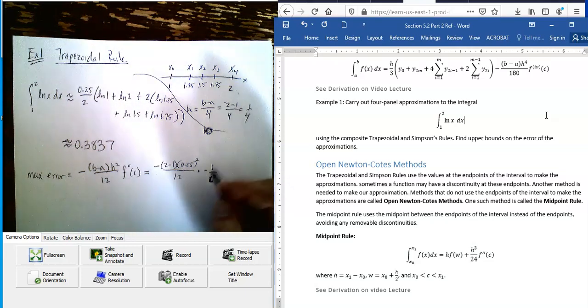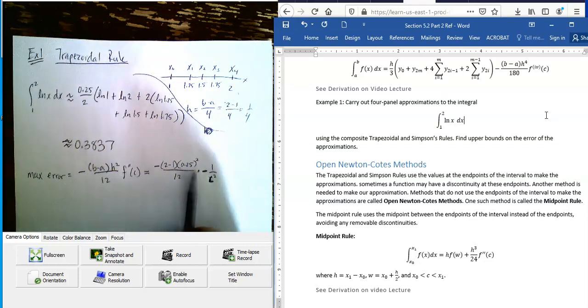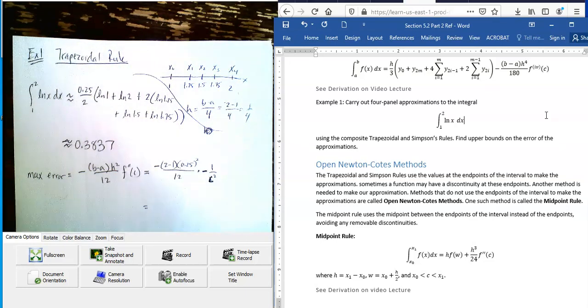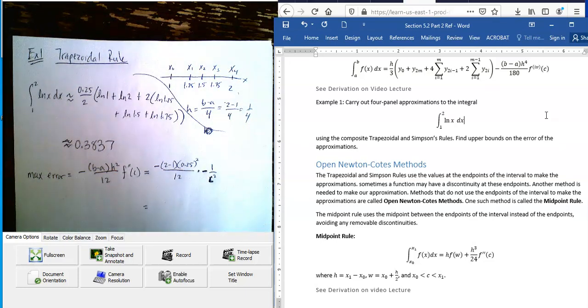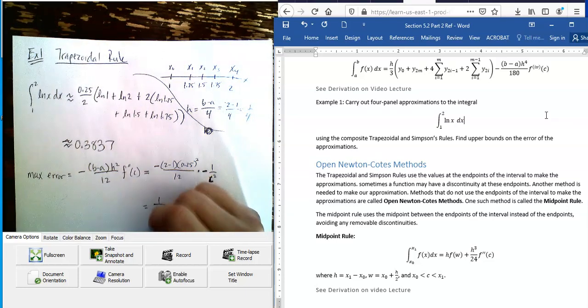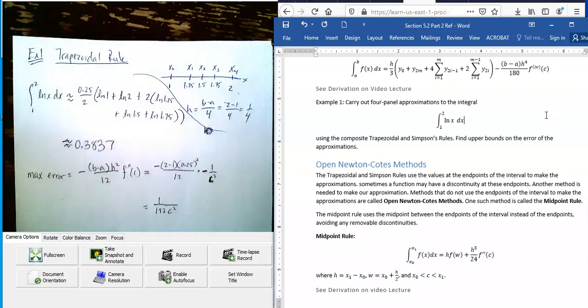The negatives are going to cancel here. So you get 1 times 0.25 squared divided by 12. It's 1 over 192 c squared.